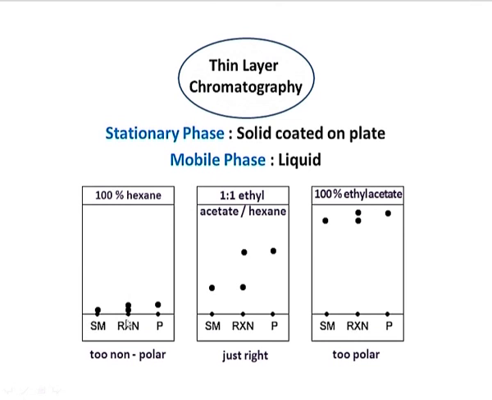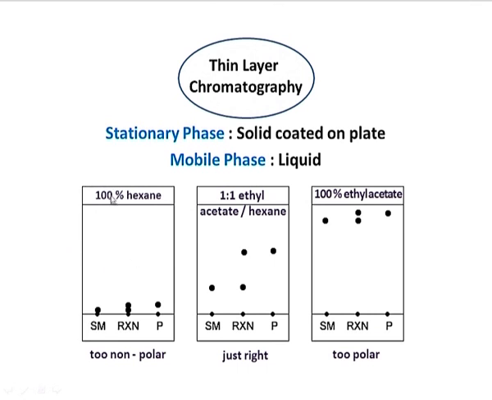Now, in a normal phase, I told you, you would start with a nonpolar solvent to begin with, right? It is because you want maximum polarity difference between the stationary phase and your mobile phase, right? So, you would pick a solvent which is, in your opinion, the most nonpolar one.